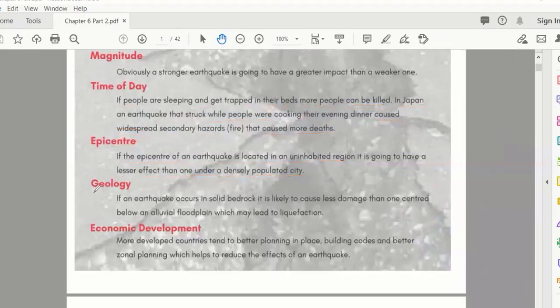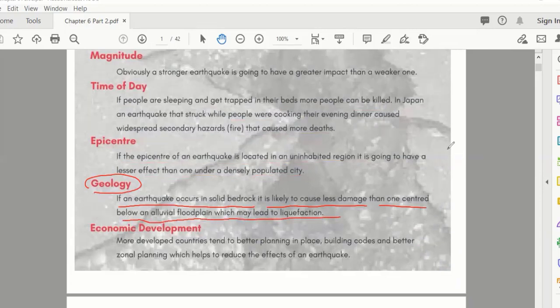After that, geology, meaning the geographic conditions of the area where the earthquake comes. If an earthquake occurs in solid bedrock, it is likely to cause less damage than one centered below an alluvial floodplain, which may lead to liquefaction.